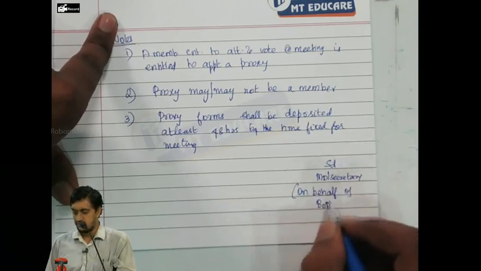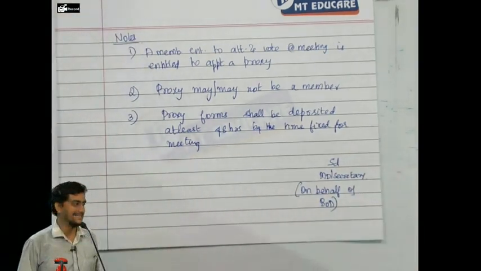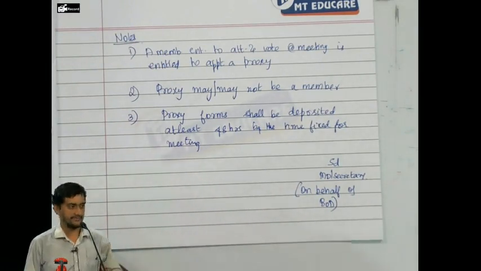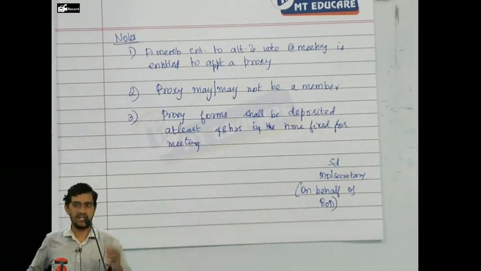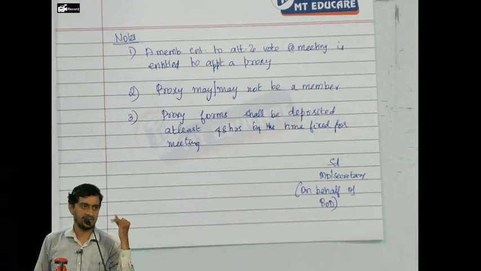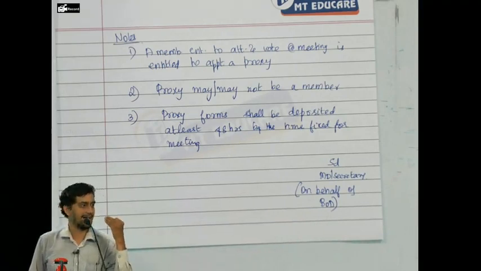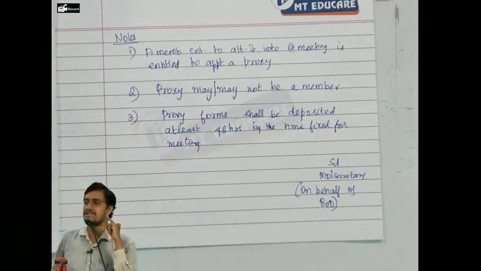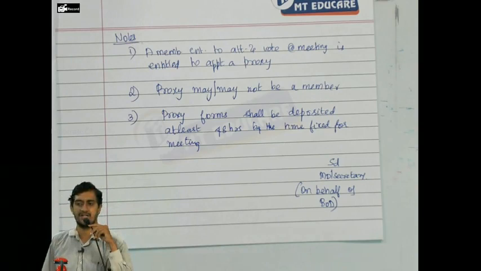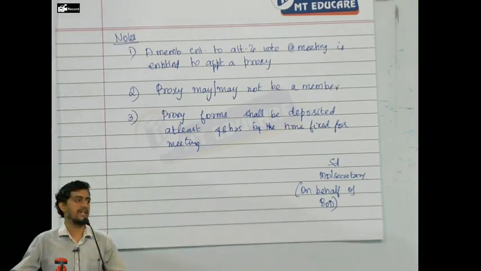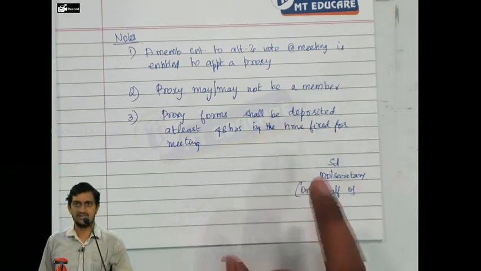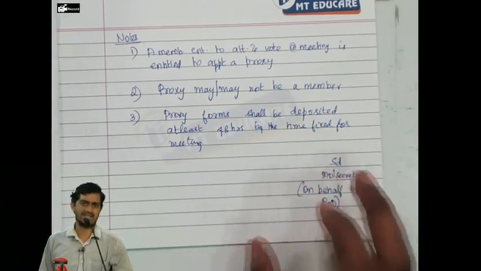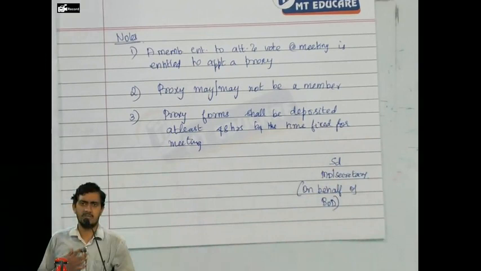Because we all know that 4 Ps are required for a proper meeting: it must be properly convened, properly constituted, properly conducted, and properly concluded. Out of that, the first P is that it must be properly convened. We can say it is properly convened only if it is convened with the authority of the board of directors. So here you will say signed by the MD or secretary, whomsoever, on behalf of the board of directors.